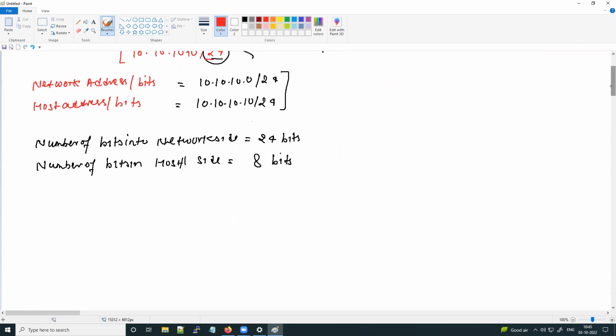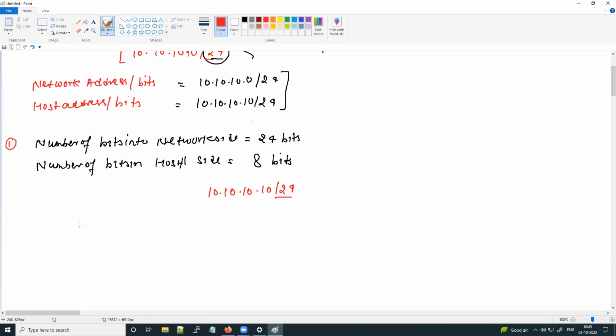Now, second point. From this IP address, 10.10.10.10/24, how to find out what is the network address and what is the host address? So make all the bits 1 till 24.